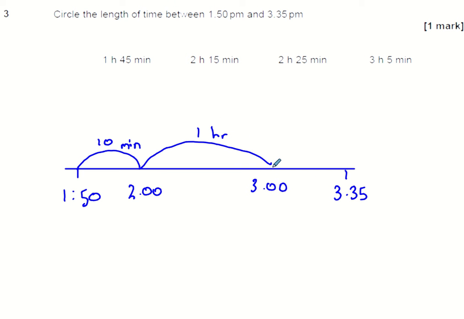And from 3 o'clock, it's another small jump of 35 minutes to get to 3:35. In total, I've gone up 1 hour, and 35 plus 10 is 45. So 1 hour and 45 minutes is the correct answer.